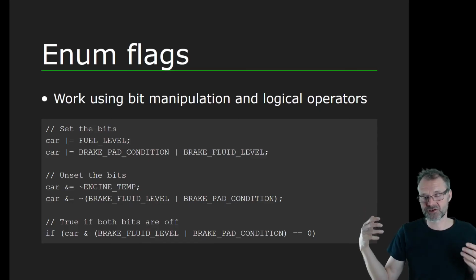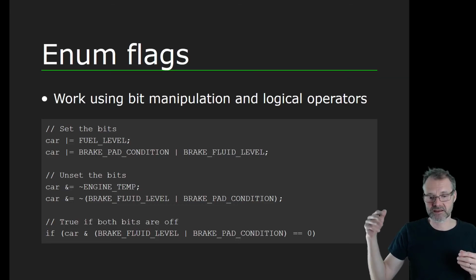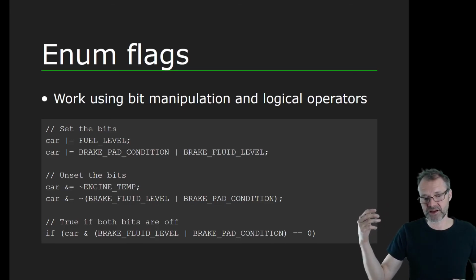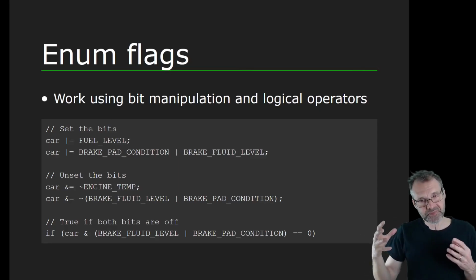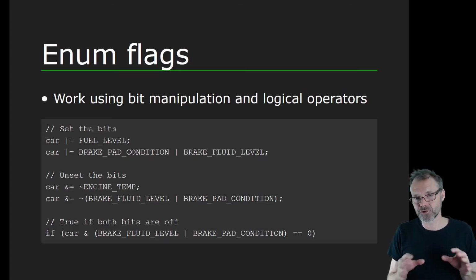And we can test the bits, how they are. This is an if statement that will be evaluated true if both bits are off. So this is enum flags and how we can work with bits through the bit logical operators.